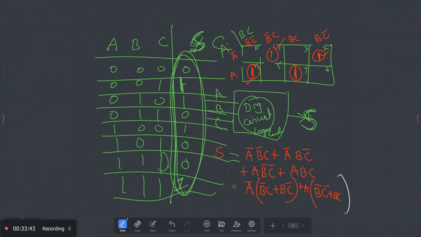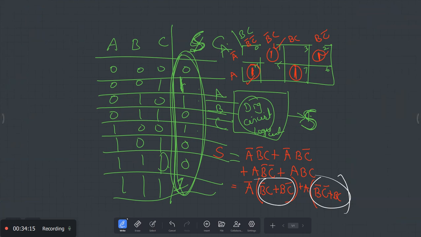Now tell me, what is this actually? That is B XOR C, right? Yes or no? Now what is this, tell me? B XOR C whole bar, right? Yes or no? What is this? B bar C bar plus BC. It is B XOR C whole bar.